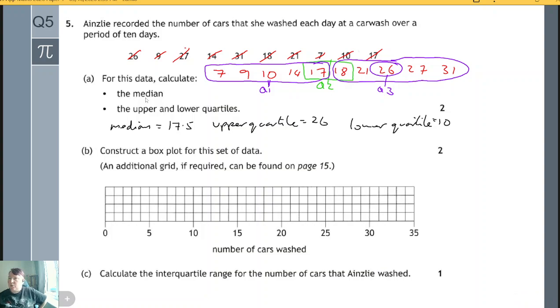All right, so we have our lowest number as 7, which is going to be here. Our highest number is 31, which is here. We have 10 as our Q1, so we put that in here.